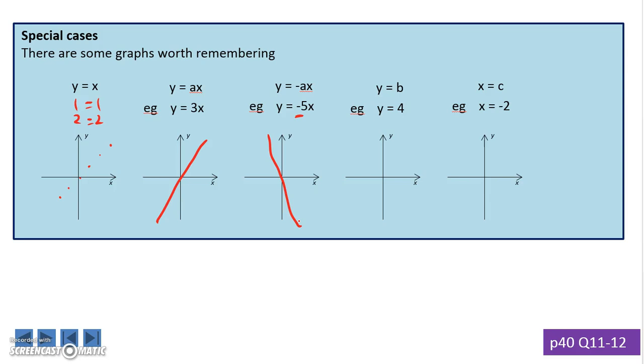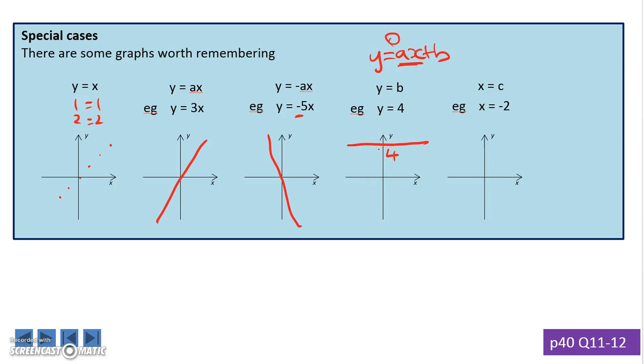Let's look at y equals b. So y equals 4. That's an example where there's no gradient. Remember, in our general equation, if the gradient is 0, then y equals the y-intercept. So if it's 4, it will just be a horizontal line like that marking in the point.